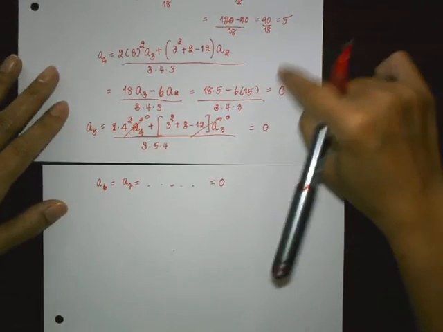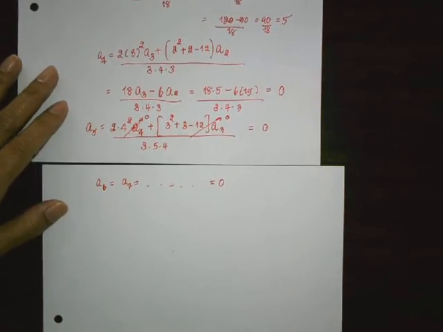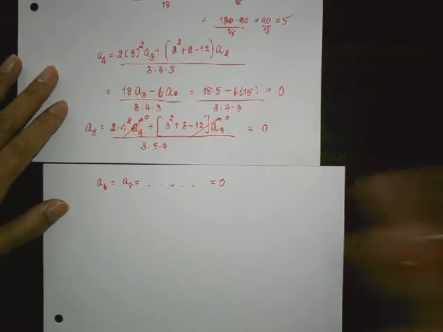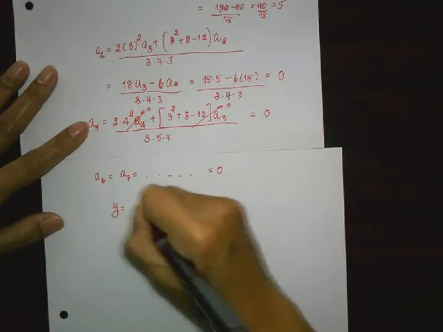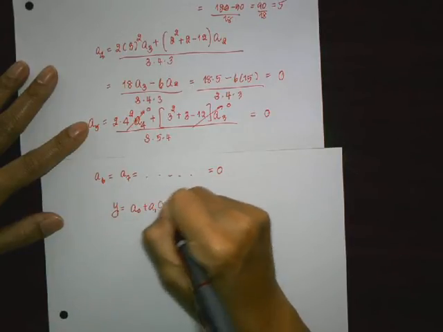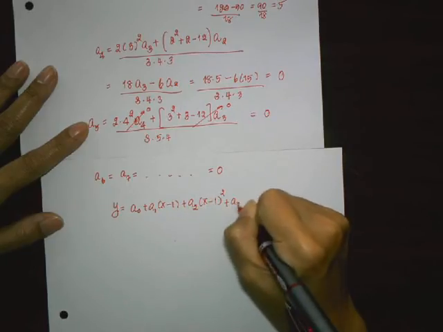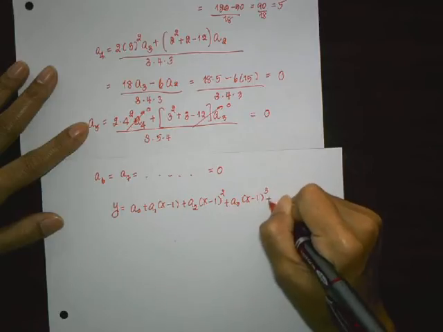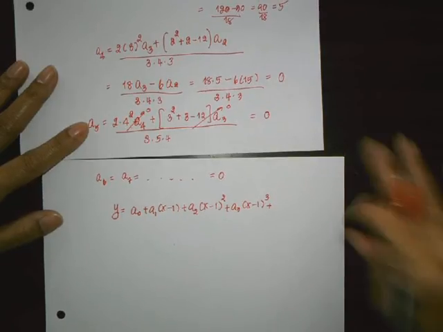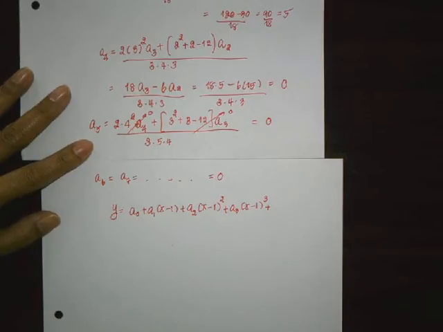Because a6 is in the term of a5 and a4, a7 is going to be in the term of a6 and a5, a8 in the term of a7 and a6. So they are 0 already, and the rest of the terms would be 0. So now you have y is equal to plus a3 times x minus 1 to the power 3. That's it, right? Because a4, a5, a6 are all 0.